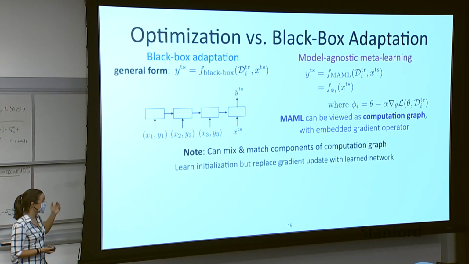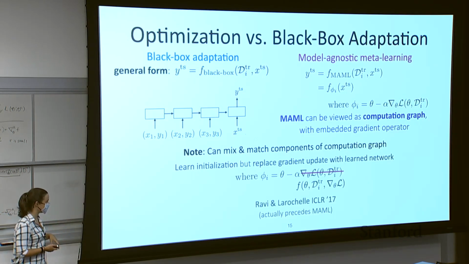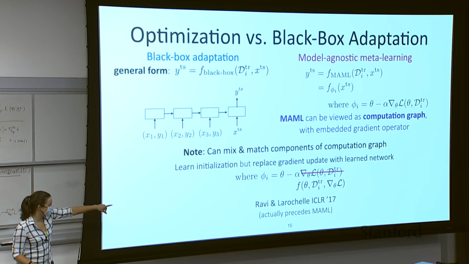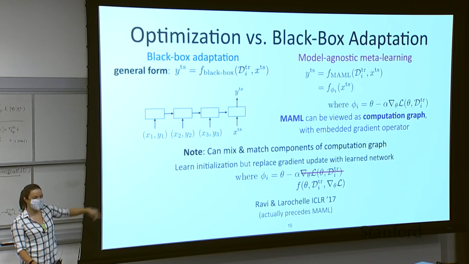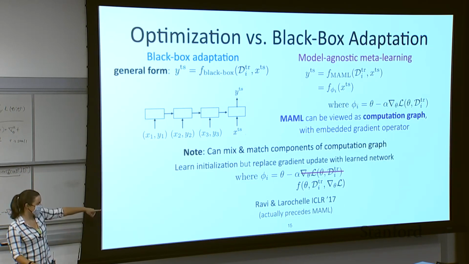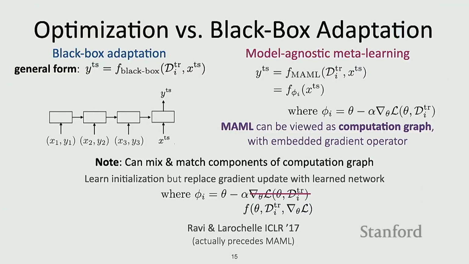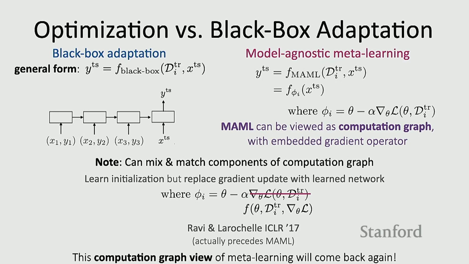For example, you could learn the initialization, but replace the gradient update with some form of learned network that takes as input a gradient step. There's a paper by Sachin Ravi and Hugo Larochelle that actually predates MAML that does something like that. In general, this computation graph view of meta learning will come up again in the next lecture when we talk about non-parametric approaches.